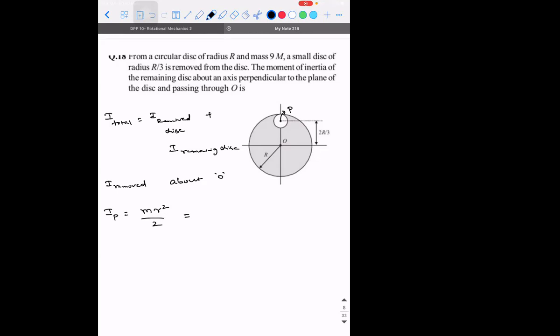So what is the mass of the removed disk, guys? How do we calculate it?